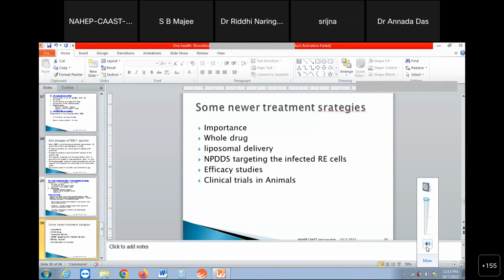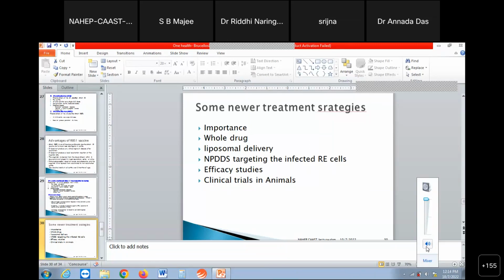If this particular strategy works in the efficacy studies, that means if it is efficacious in laboratory animals, in the brucella animal model, and the efficacy can be further studied by clinical trials in infected animals, then of course we can say that the NPDDS targeting of infected RE cells may be used. In tuberculosis, this NPDDS strategy was tried out in infected monkeys, and it showed a clearing of the lungs after treatment.